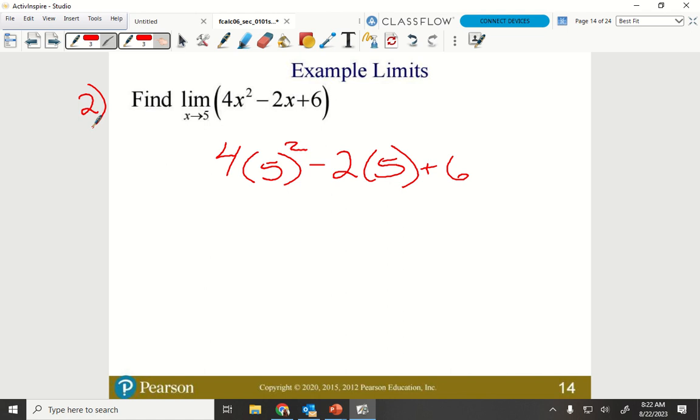So this is going to be 25 times 4 is 100 minus 10 plus 6. So that's going to give me 104. So this 104 is going to be the answer you enter into the computer in MyLab.